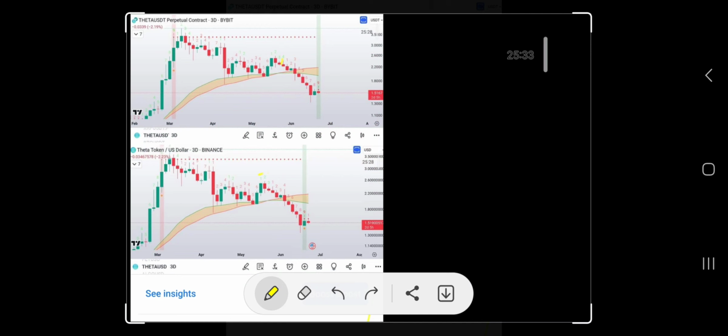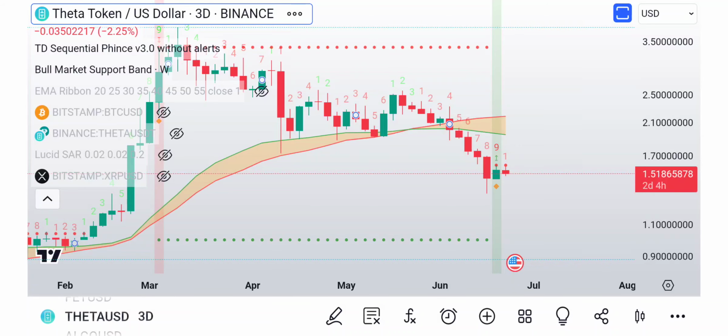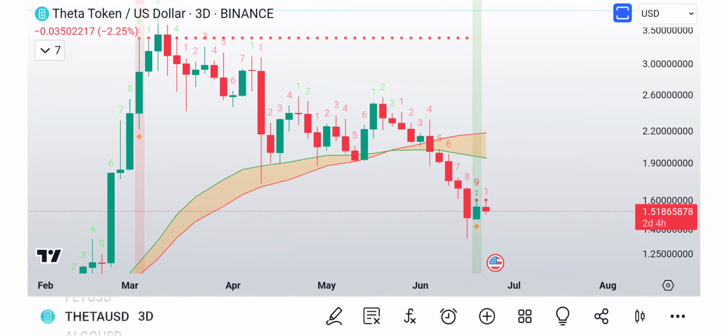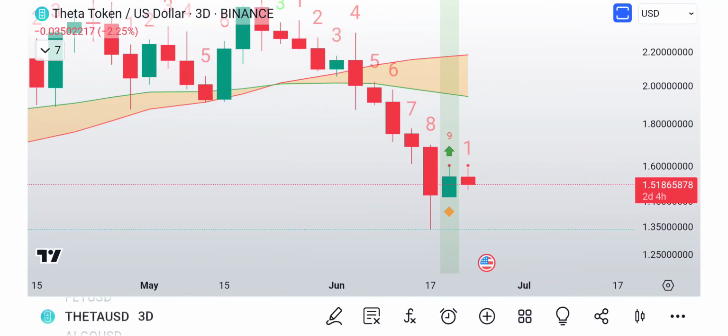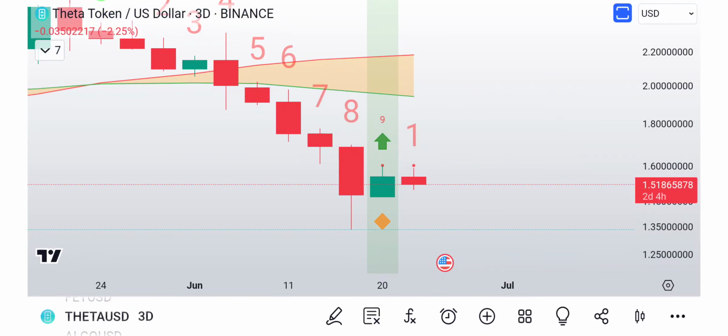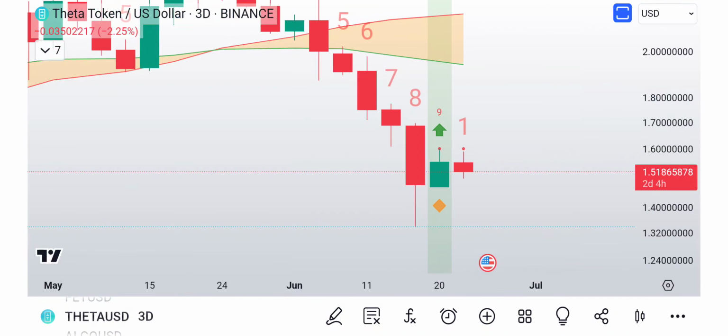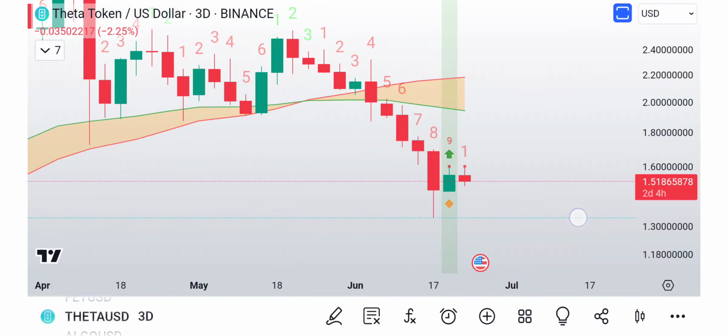But anyway, we got that figured out. So let's get back to it. There we go. This is the good chart. I'm glad I caught this, because this is actually better than what I was talking about in yesterday's video.